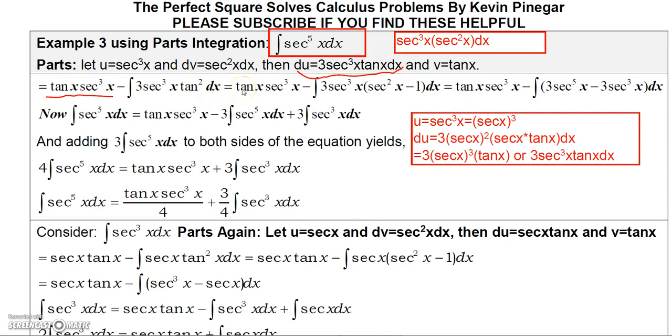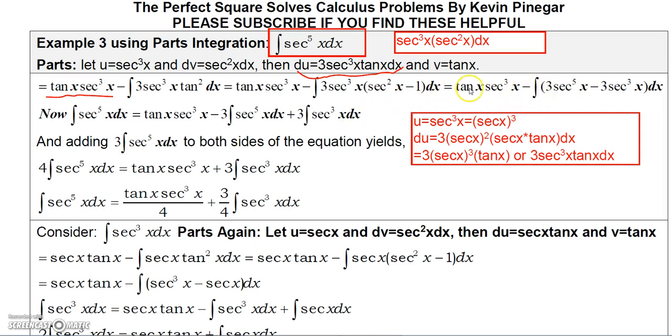Now bringing this over, I have tangent x times secant x quantity cubed, and we know that tangent squared x can be replaced with secant squared x minus 1. If we distribute this through, we get 3 secant cubed x times secant squared x is 3 secant to the fifth x, and then 3 secant cubed x times minus 1 will give me minus 3 times secant cubed x dx.